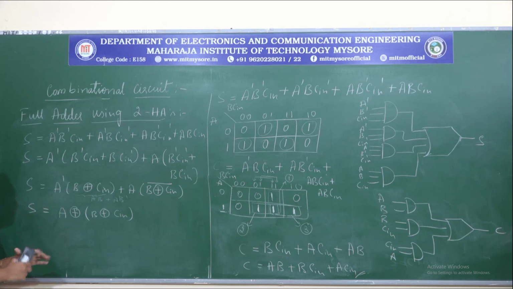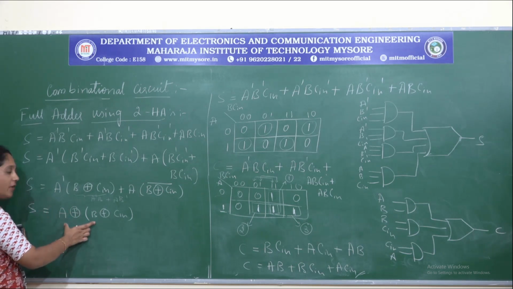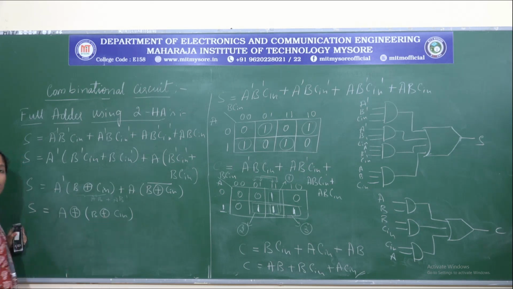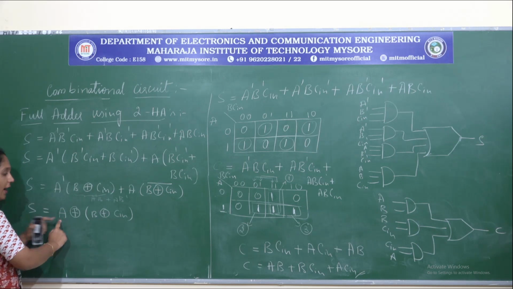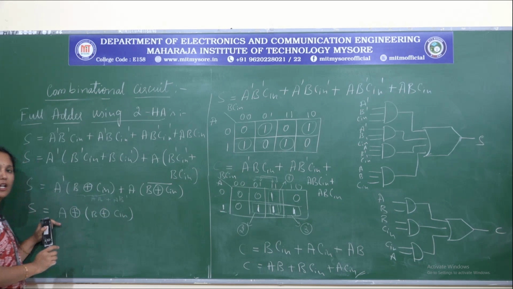So from this, what can we conclude? The sum is the output of an XOR between A and the XOR output of B and Cn.